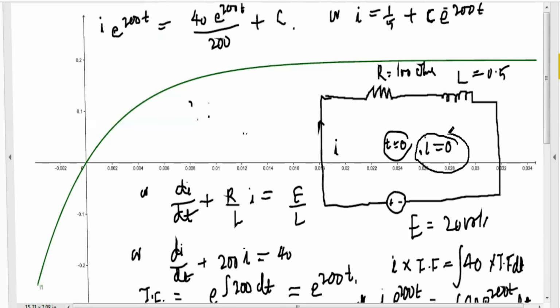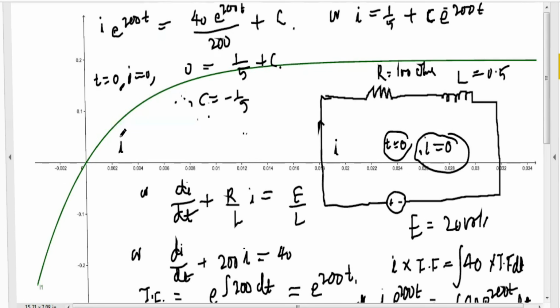Using this initial condition in the solution, 0 equals 1 by 5 plus c e to the power 0, which is 1. Therefore c equals minus 1 by 5.